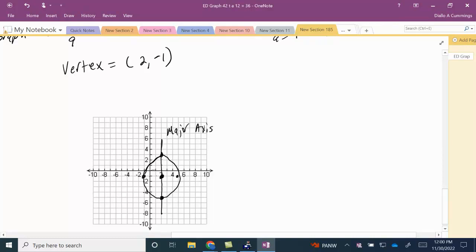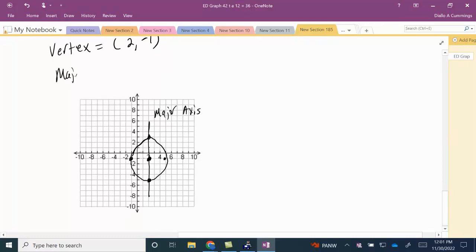If we were to write out our major axis points, we would have (2, 3) and (2, −5).